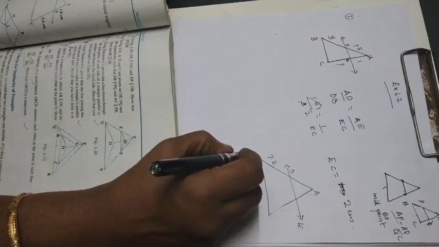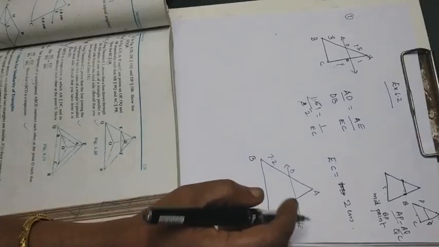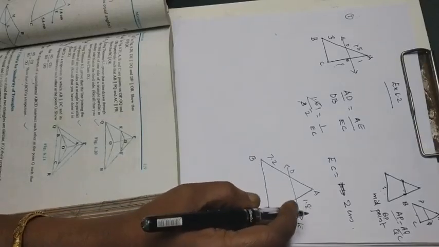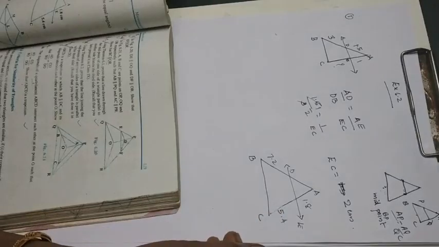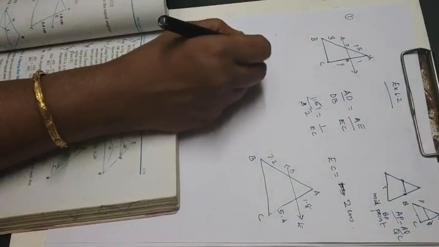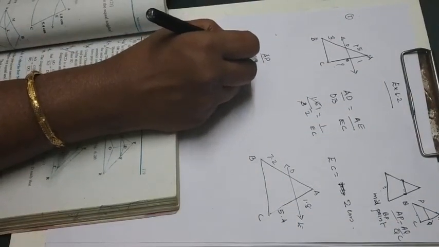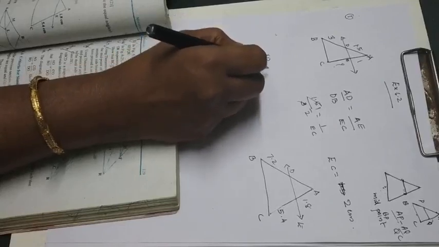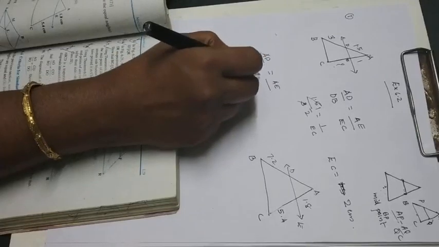A, B, C, 1.8 and 5.4. Now AD by BD will be equal to AE by EC.